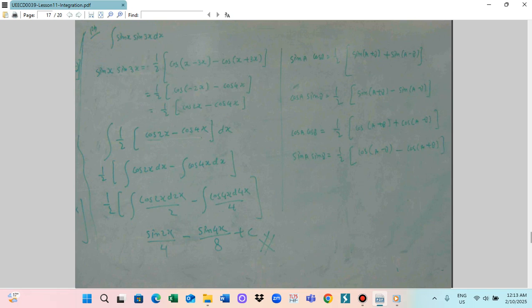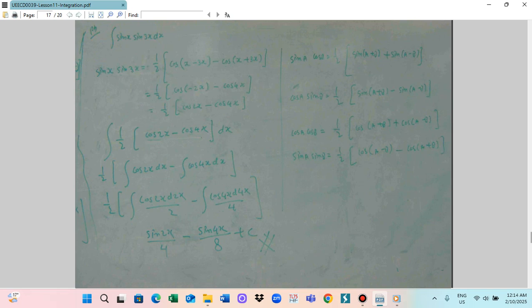Okay, so we have to multiply and divide by 2. So this is half integration of cos 2A d2A by 2 minus integration of cos 4A d4A by 4.